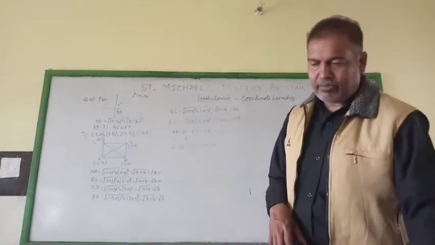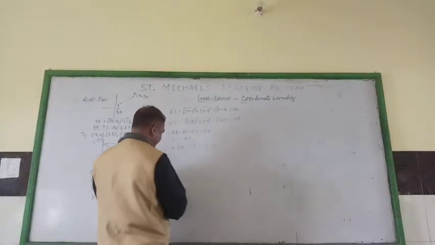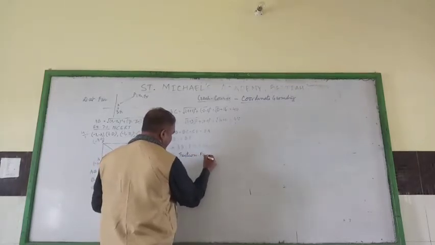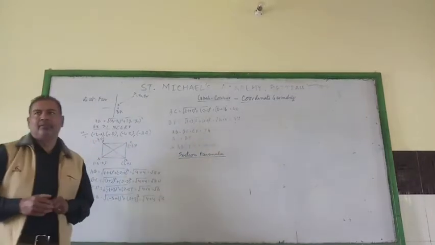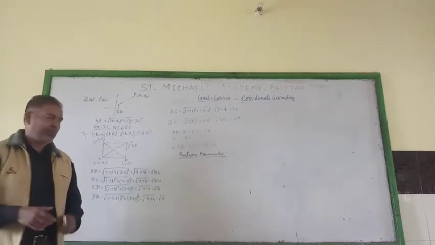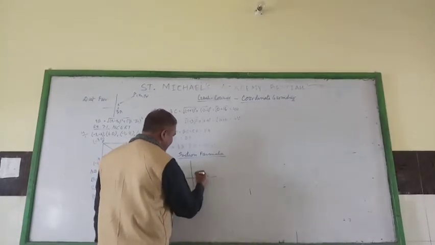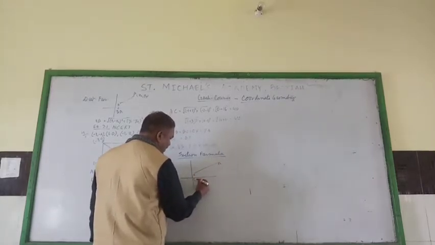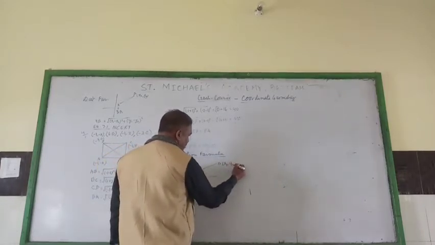Now coming to the section formula. अब हम लोग पढ़ेंगे बच्चों section formula. Section formula is somewhat different from distance formula. Okay, what the section formula tells us is that in a graph, if you have given 2 points A and B, the coordinate of A is x1 and y1, coordinate of B is x2 and y2.